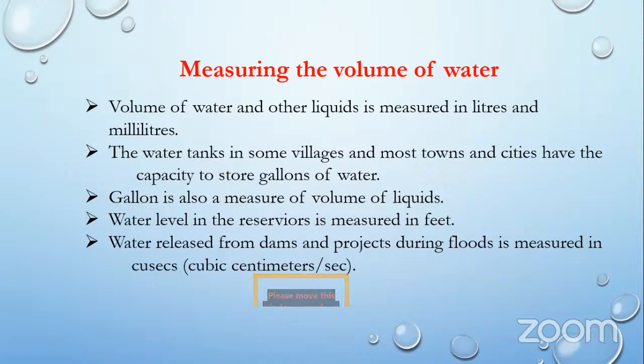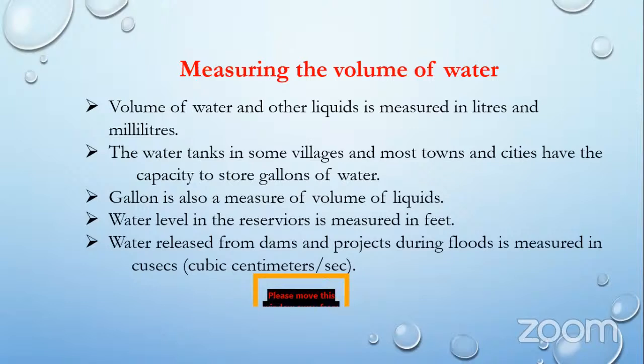One more thing, water level in the reservoirs. You know reservoirs? Many tanks, dams, దగ్గర వాటర్ ఉంటుంది కదా పెద్దగా. సో వాటిని మనం gallons లో మెజర్ చేయలేం. So they measure it in feet.